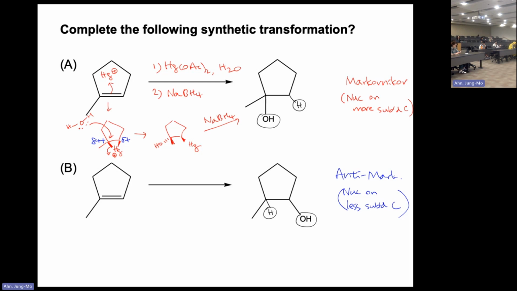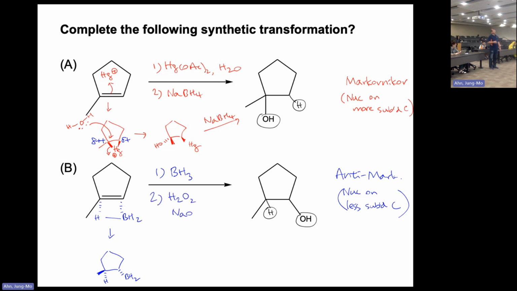But that one is done by hydroboration. Hydrogen and BH2 are added on the same side at the same time in a concerted mechanism. The boron goes to the less substituted side because it's bigger, and hydrogen goes to the more substituted side because it's smaller. That's the reason. Once they're added, the hydroboration is done, but you need to change the boron to OH.